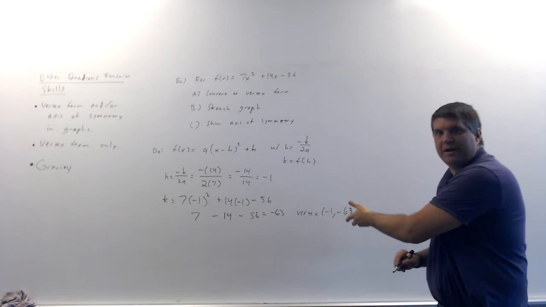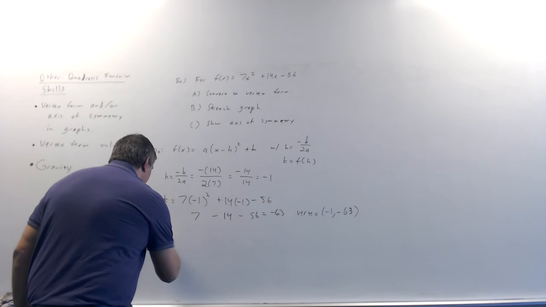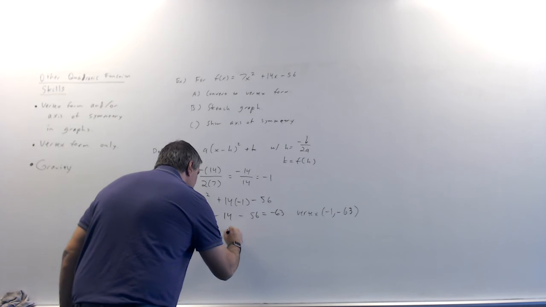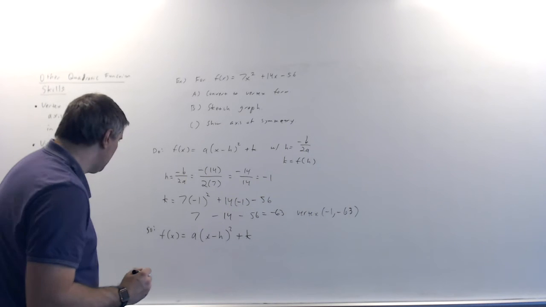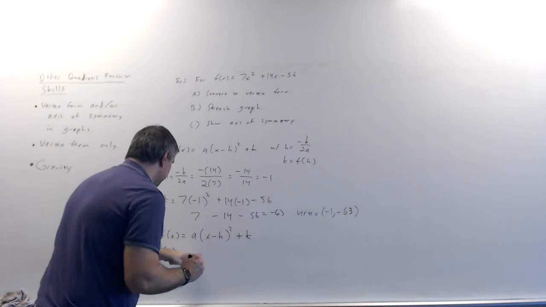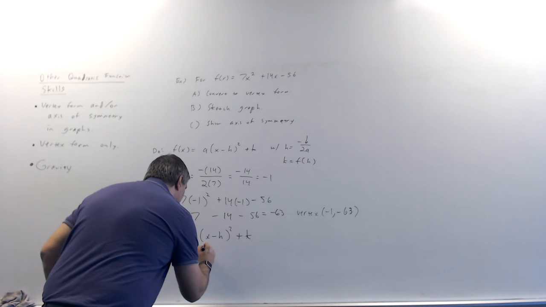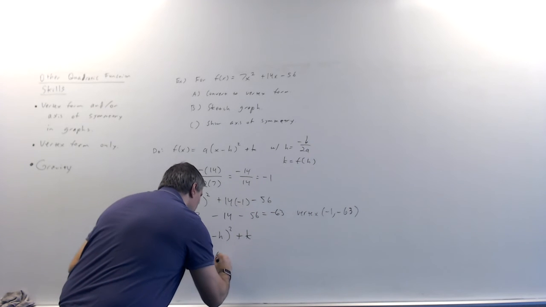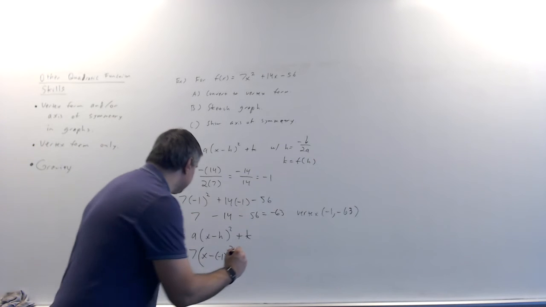So if I had a grid in front of me, I could go ahead and plot that if I wanted. However, I have f(x) equals a times (x minus h) squared plus k. So f(x) will equal 7 times (x minus, h was negative 1), and k was negative 63.